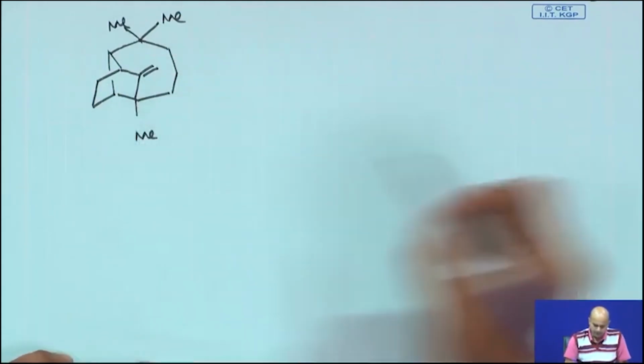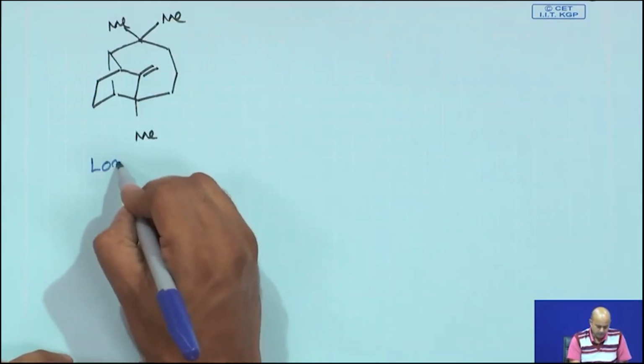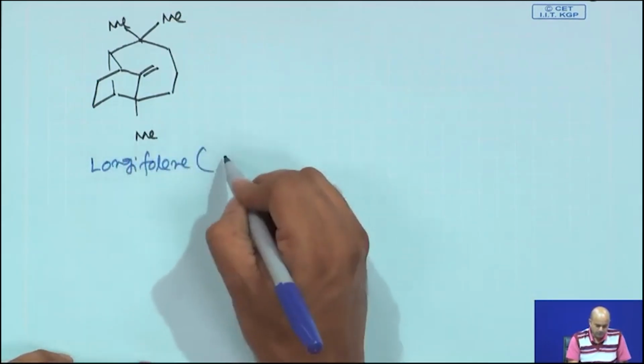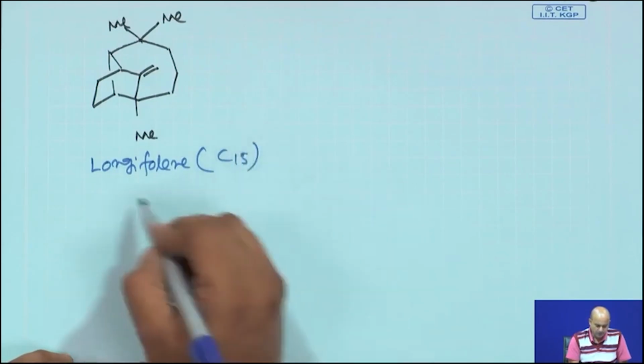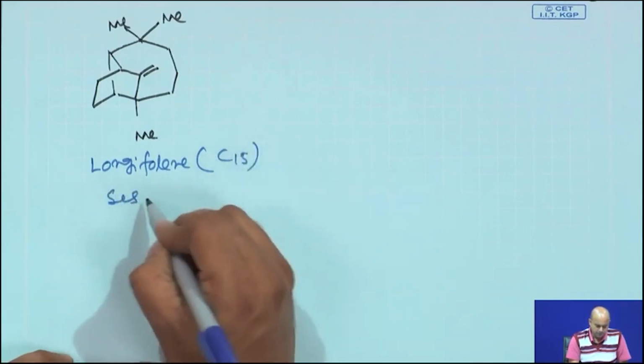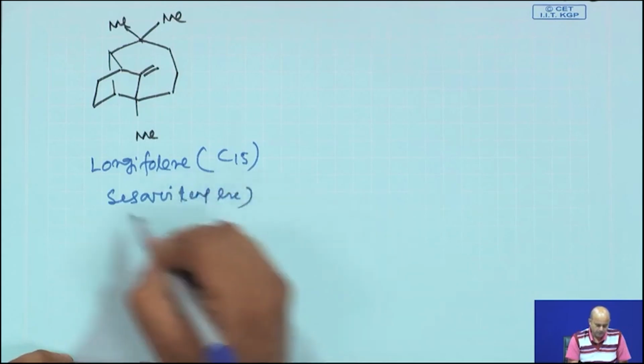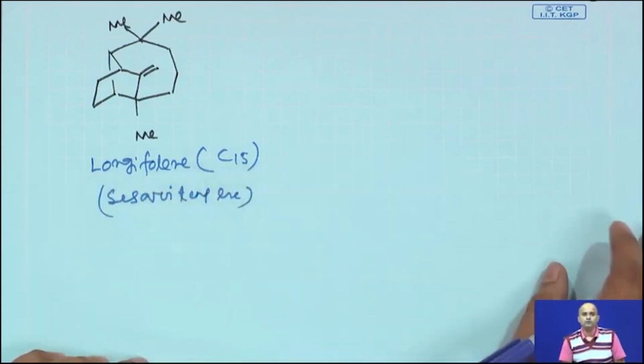This molecule's name is longifolene. You count the carbons, it is a C15 carbon framework. This is basically a sesquiterpene. It is a natural product having some biological activity.